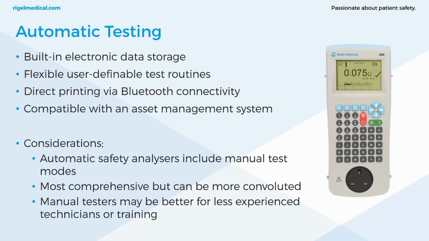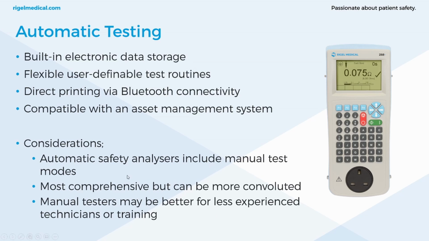There's also, we'll come on to this in the Rigel 288 webinar, a 288 downloader app, and this is Android based. It converts the test results into a PDF style report, and then you can attach that to your work schedule, part of your asset management system. So really it's for recording results, automating procedures, and making your workflow better.